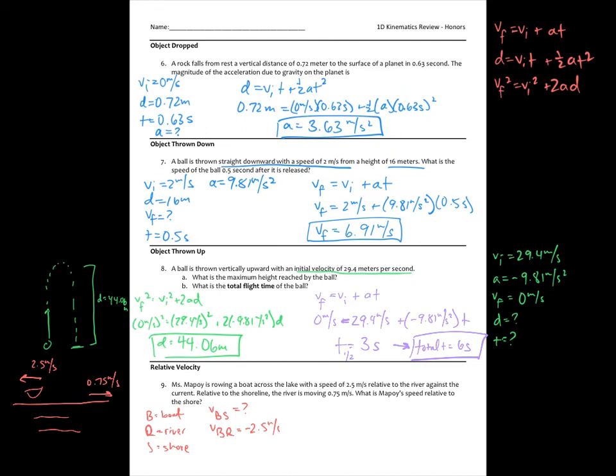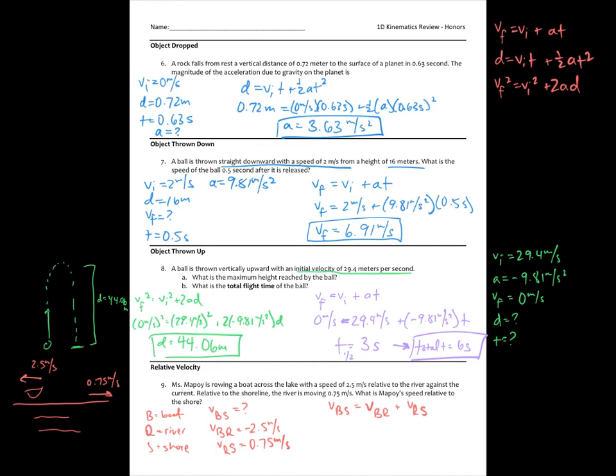Relative to the shoreline, the river, according to the shore, is going this speed. So when we set it up, we got to make sure that what we're looking for is on the outside, and then the third variable is being canceled out. So VBR plus VRS. We're looking for B and S, so B and S have to be on the outside, while the third one right here has to be in the middle, canceling each other out, like that.